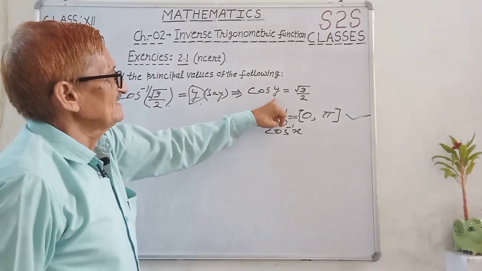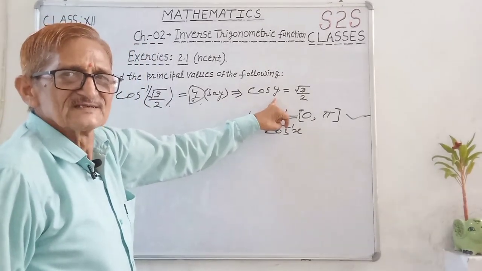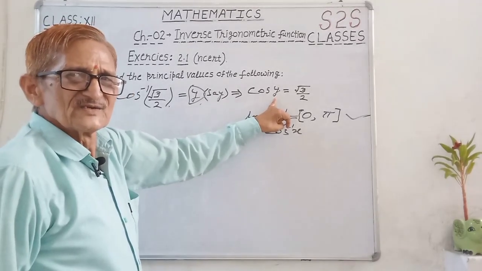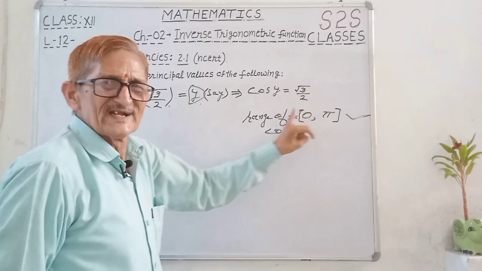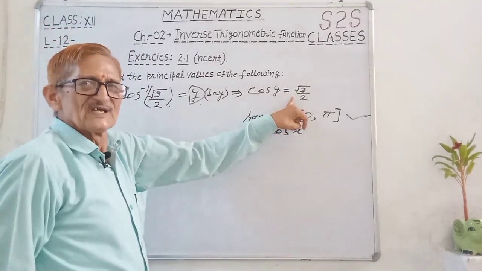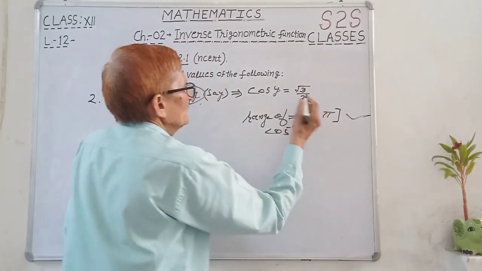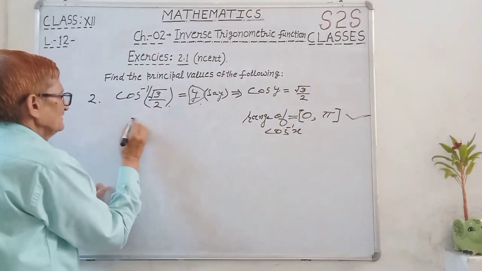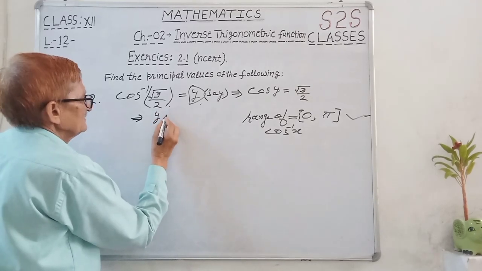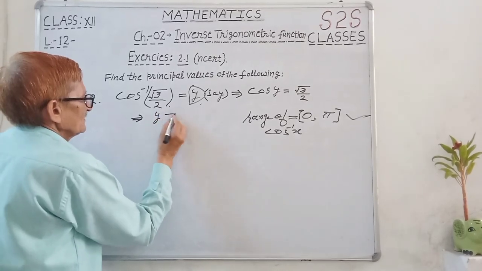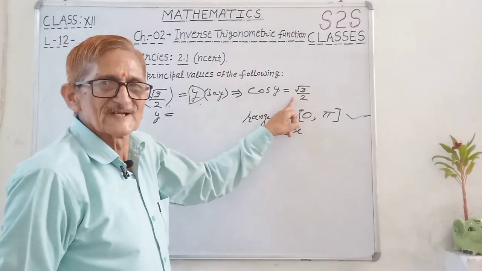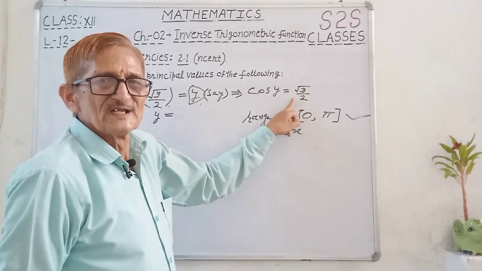So what is the value of y between 0 to pi? In the second quadrant, pi by 2 to pi, cos is negative, but we have here a positive value, cos y is positive, that is in first quadrant, so we can write directly y is equal to root 3 by 2. Cos of how much degree is root 3 by 2?